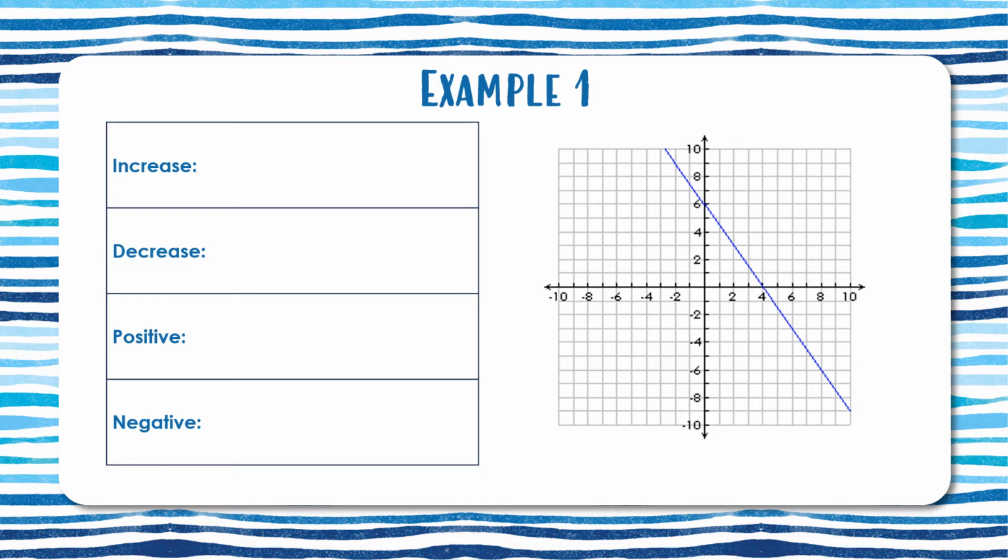I'm going to go through the definition every single time. Increase means going up from left to right. So I'm going to start on the left side at that negative infinity, and I'm going to go to the right side. If I do that, I never go up. So that means there is no increase from negative infinity to positive infinity.